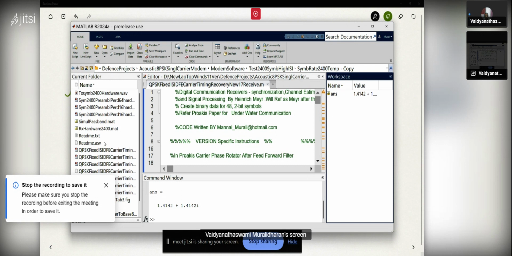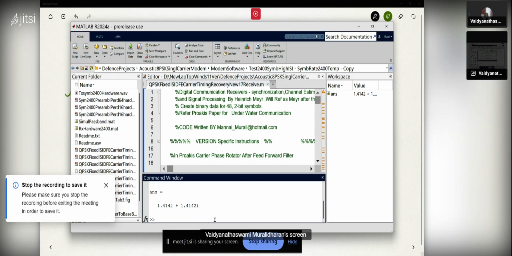Here in the current folder, all the files are given. In the editor, the code or program is given. This window is called the command window, where we can enter whatever command. For example, you can say h equal to, we can give a matrix 1, 2, 3. This is a vector. We can display h in the command window.